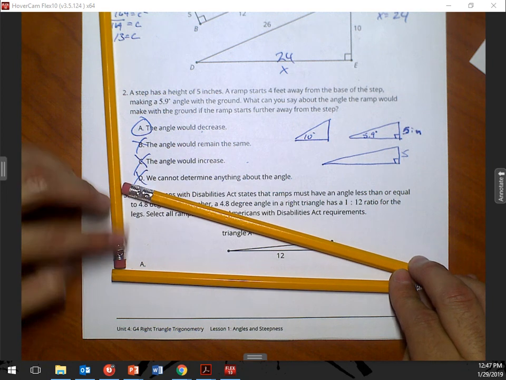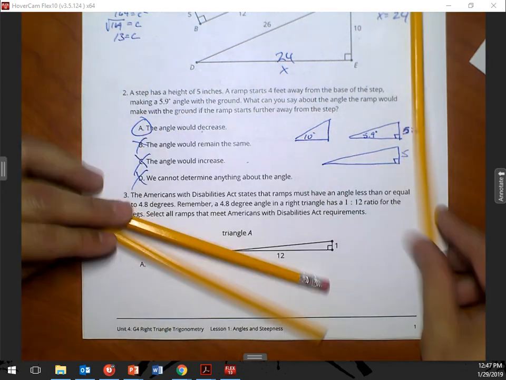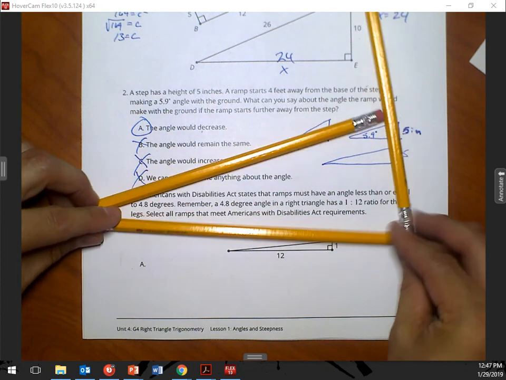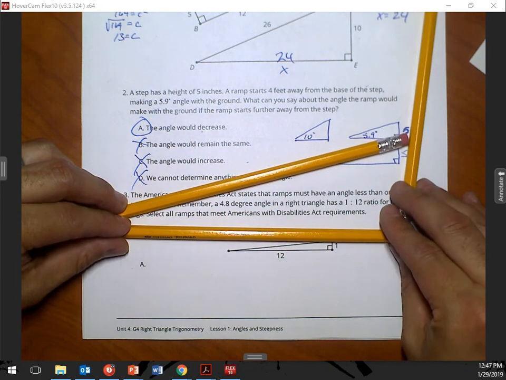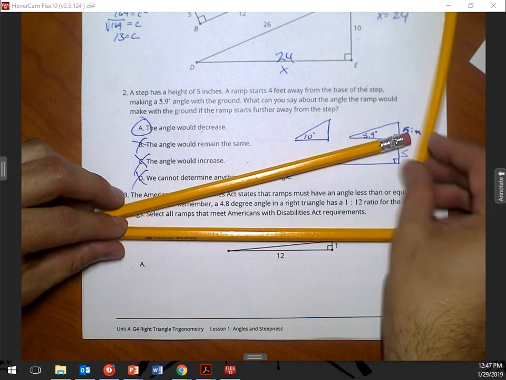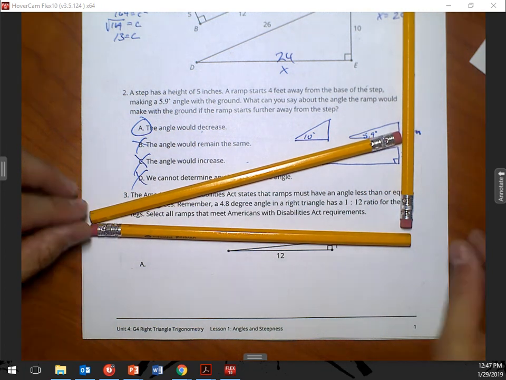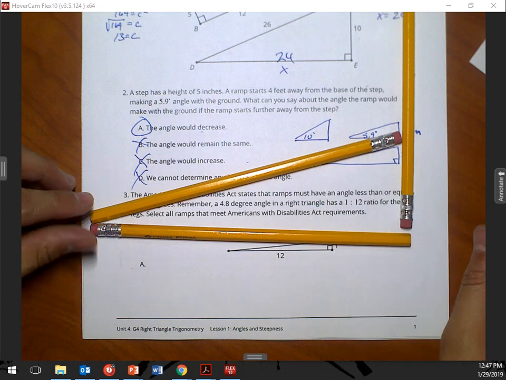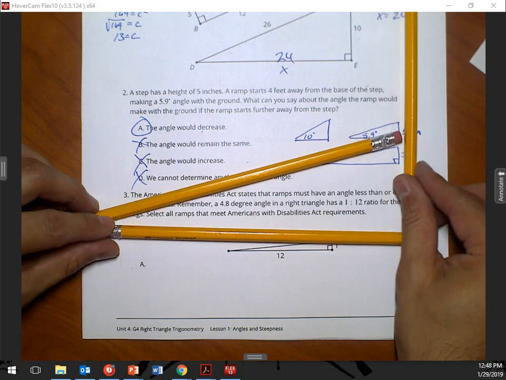now in this case, let's see if I can make this match my ramp. Now my ramp is going to try to stay the same. So I'm going to make the angle bigger. I'm going to open it wider, like an alligator mouth.